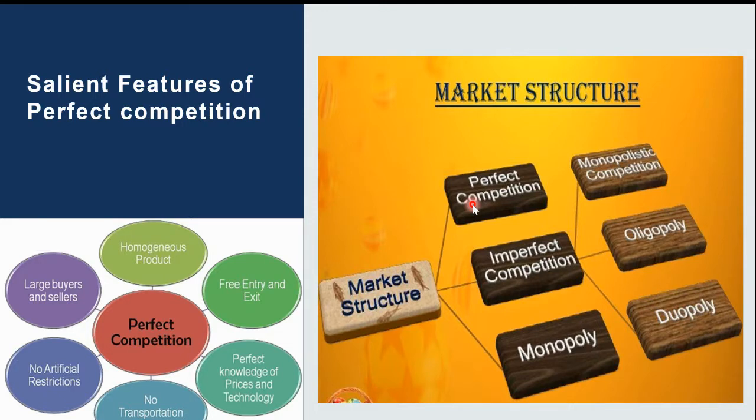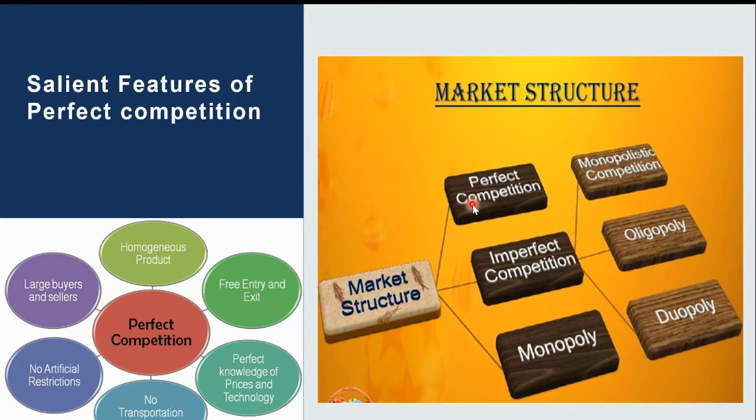Did you understand the term perfect competition? Can I explain it again before getting into the salient features? Perfect competition market is that type of market in which there are large numbers of buyers and sellers. Just imagine rice to be an example of the product sold in perfect competition. How many buyers are there for the rice?